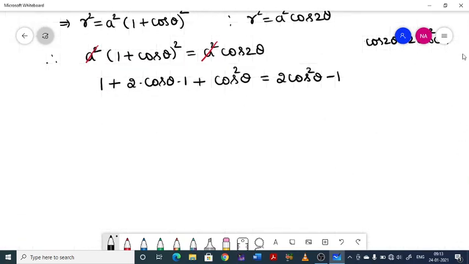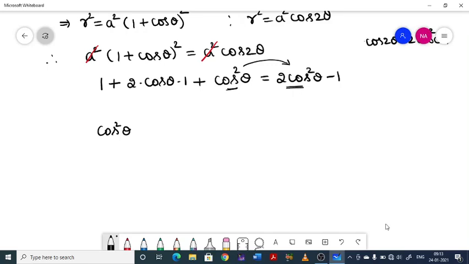Now okay, taking these terms from the left hand side to the right hand side, we get 2 cos square theta minus cos square theta, you get cos square theta. So I am taking all these terms to this side and writing here. So 2 cos square theta minus cos square theta, you get cos square theta only.